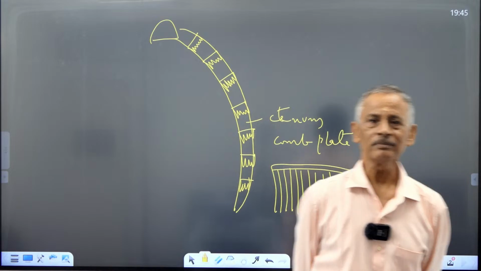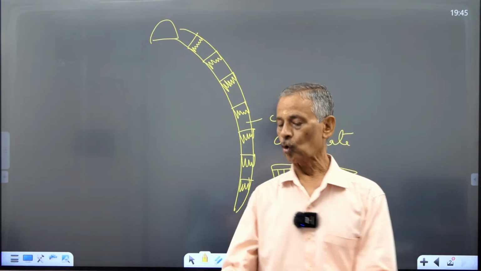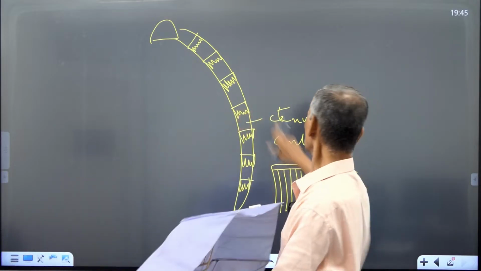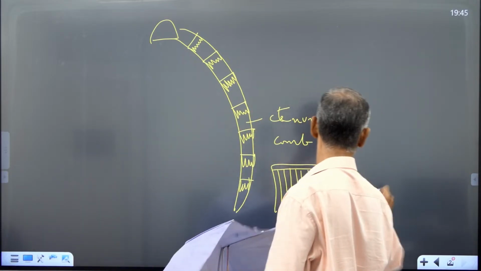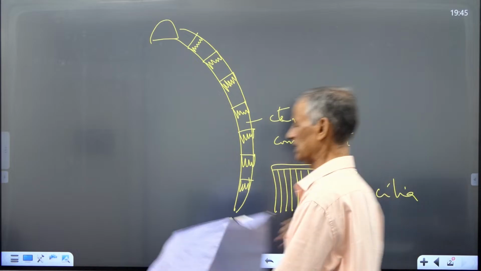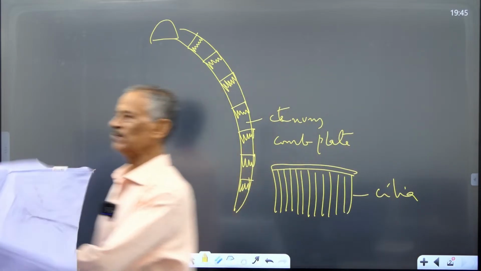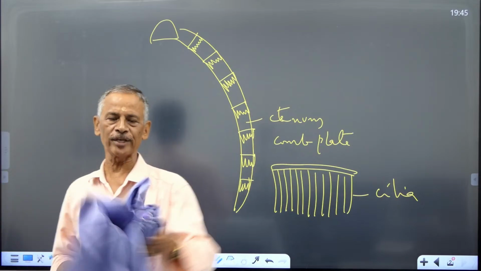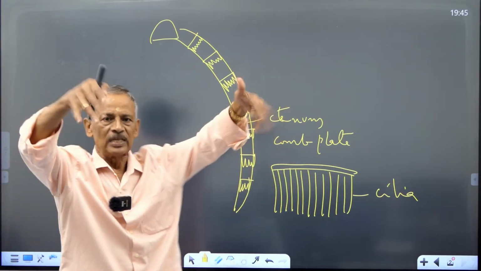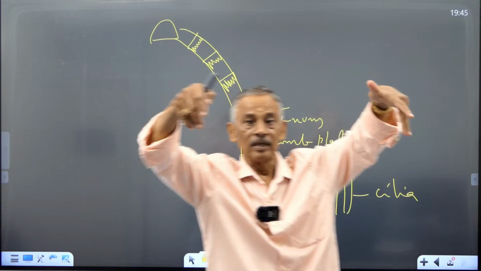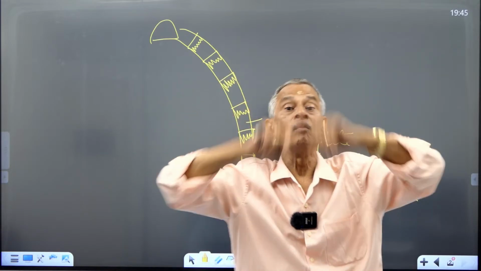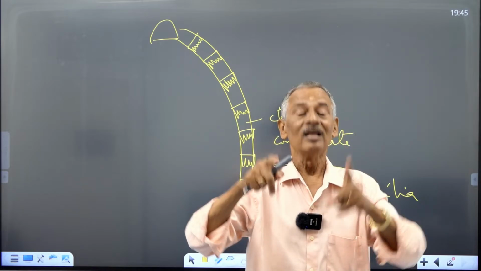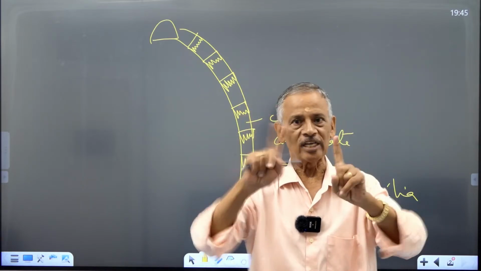So you have 8 such comb plates, which all have rows of hair-like structures called cilia, and these cilia move in a synchronous, coordinated manner, so that when the cilia vibrate, the organism moves. They are all moving, not sedentary.